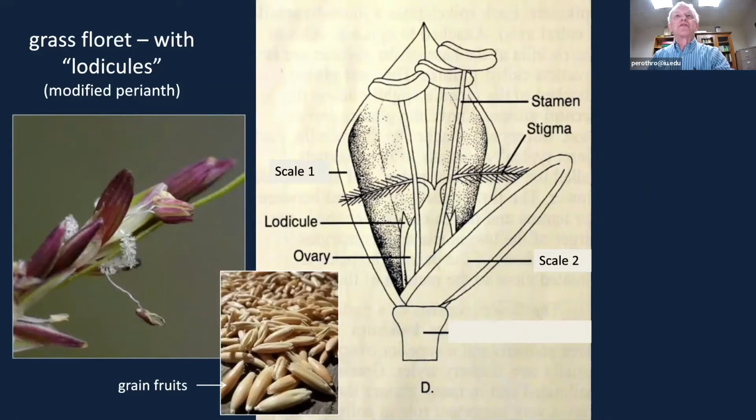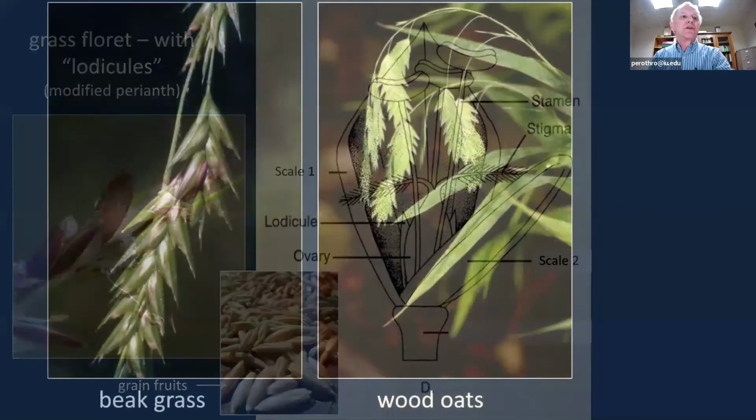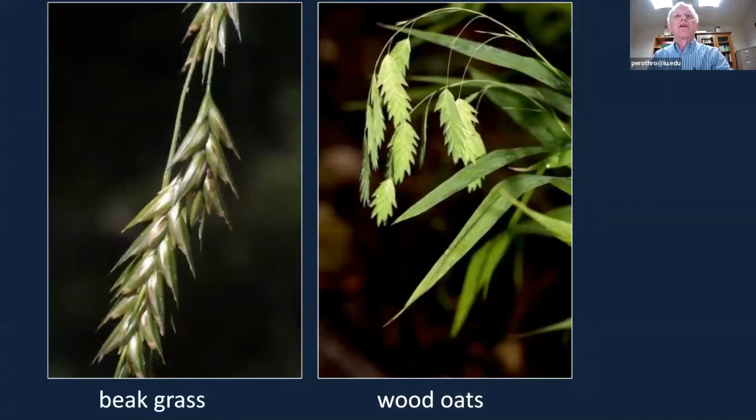Moving up the plant to the inflorescence, we continue to see differences. In grasses, each of the tiny flowers is associated with a pair of scales. And often these flowers have lodicules that can push the scales apart when the flower is mature. In turn, these tiny florets are arranged in clusters called spikelets.